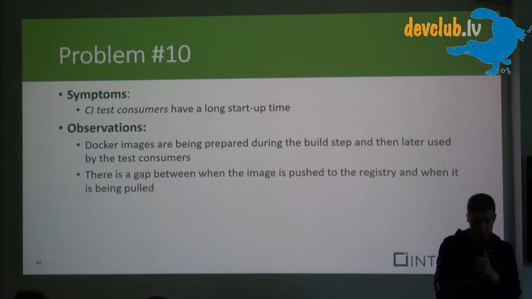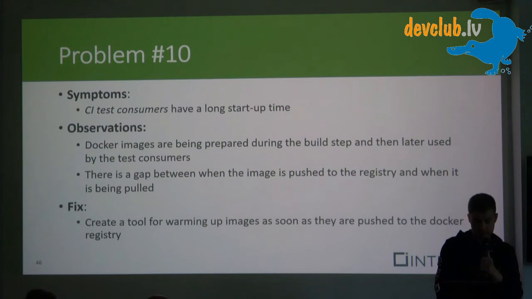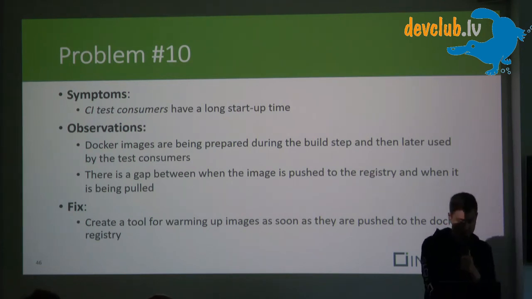And there was a gap between the push of the image to the repository and the pull from it. So we decided to create a tool that was warming up the images on the cluster nodes as soon as they're being pushed to the Docker registry.